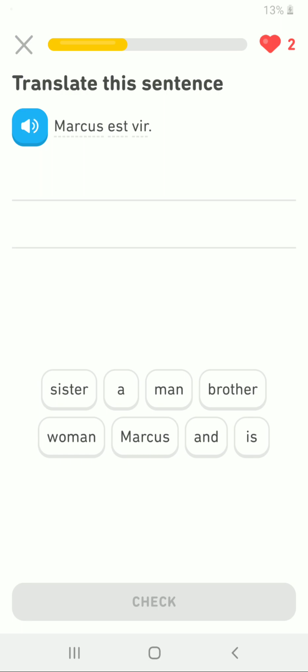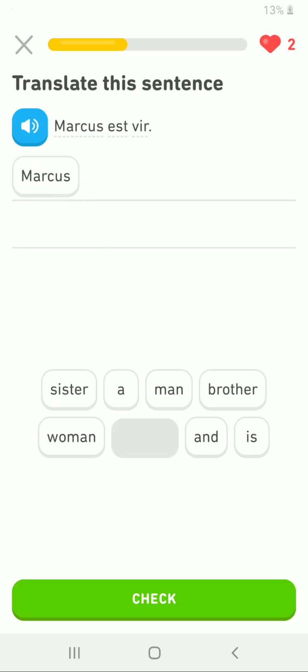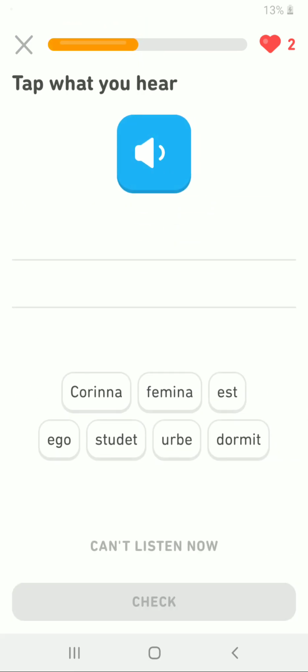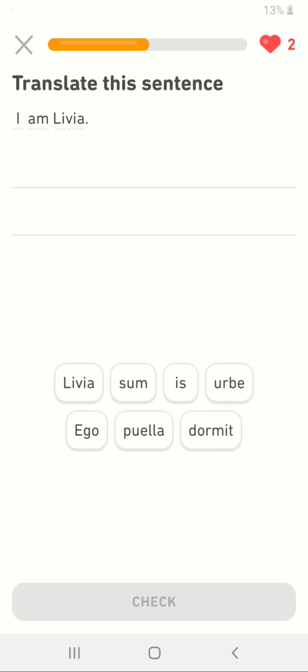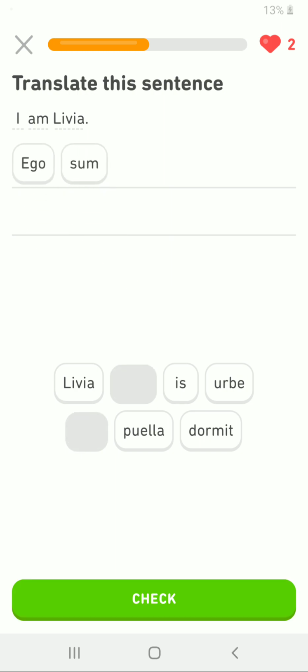So Marcus est vir. Marcus is a man. And Corinna est femina. Est. Corinna est femina. Ego sum Livia.